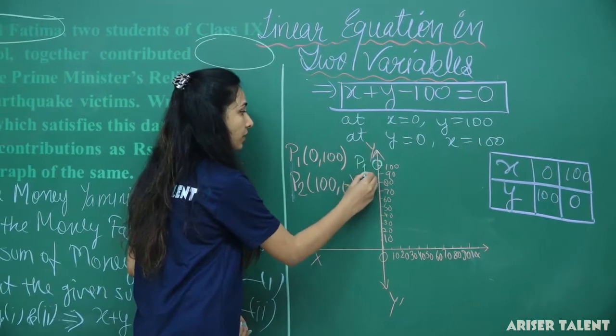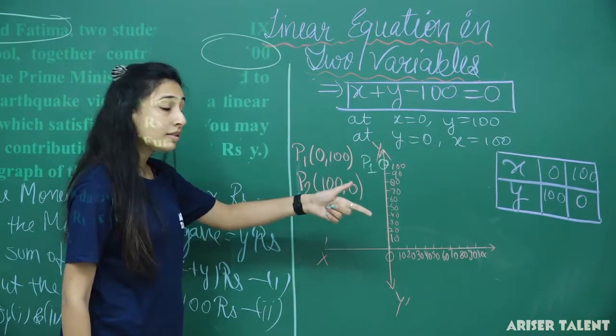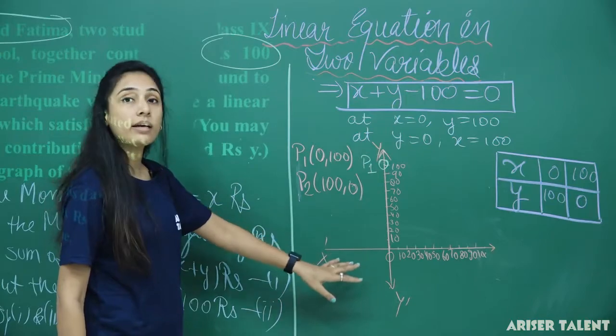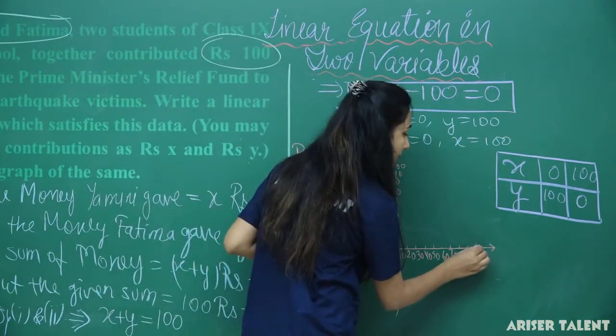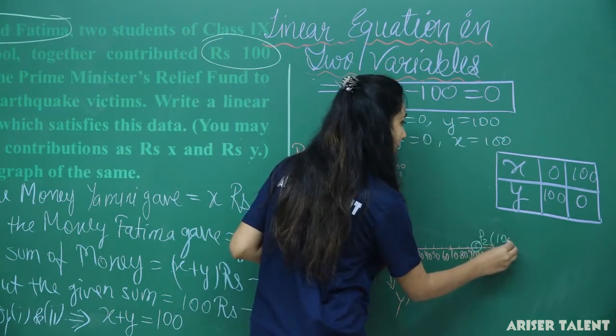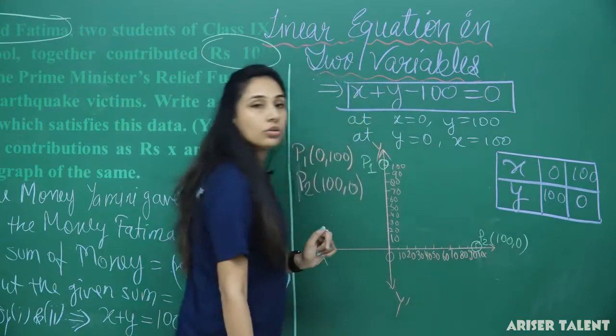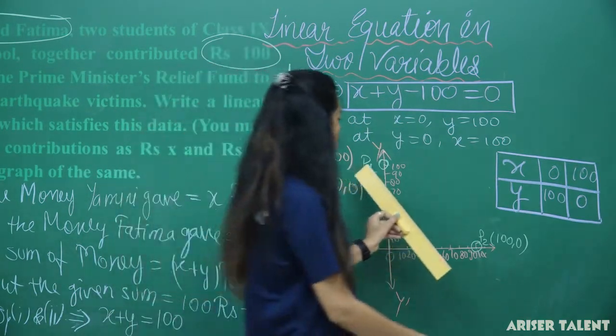This is your P1. Now P2, the ordinate is 0, that means this point will be on the X axis. So 100 on the X axis will be here, that is P2, that is (100, 0). Now join these 2 points in order to get the graph.